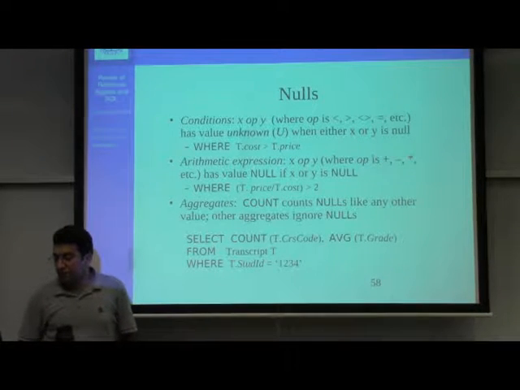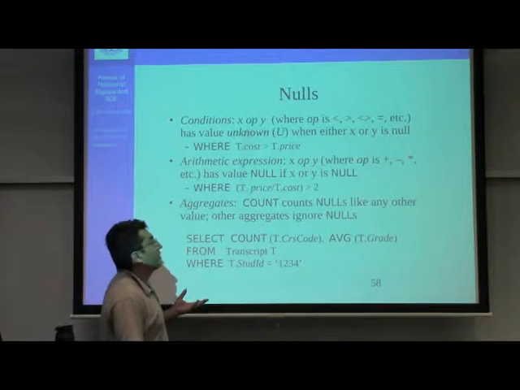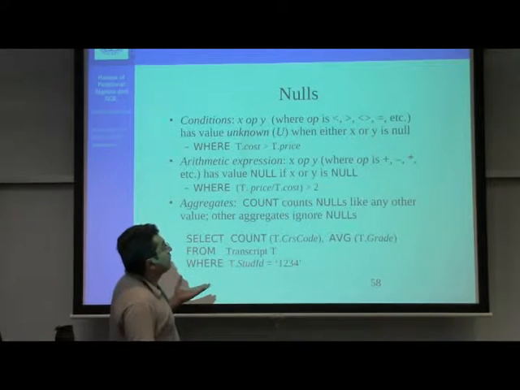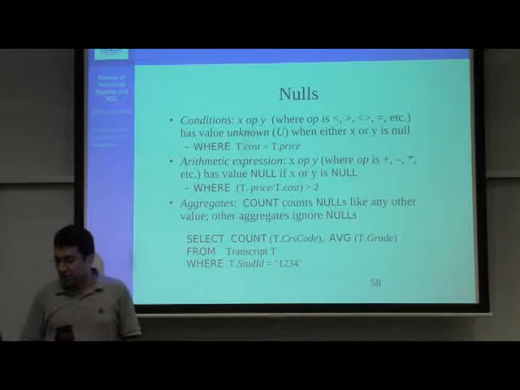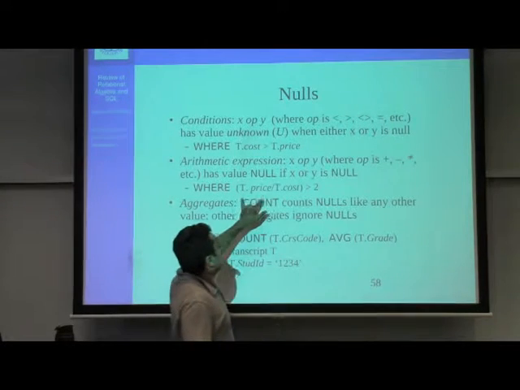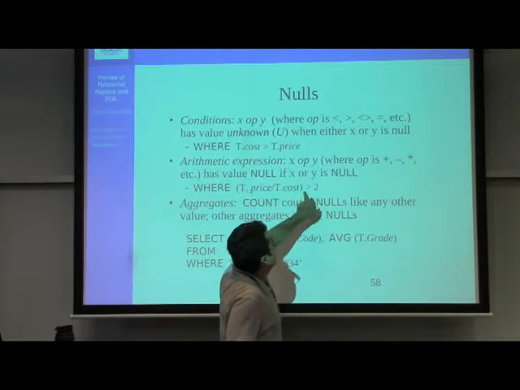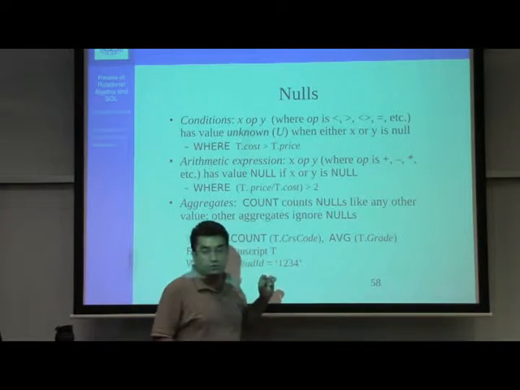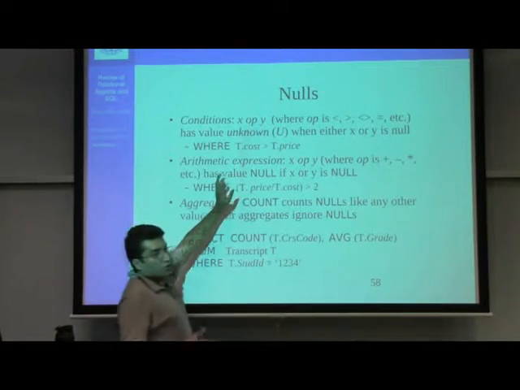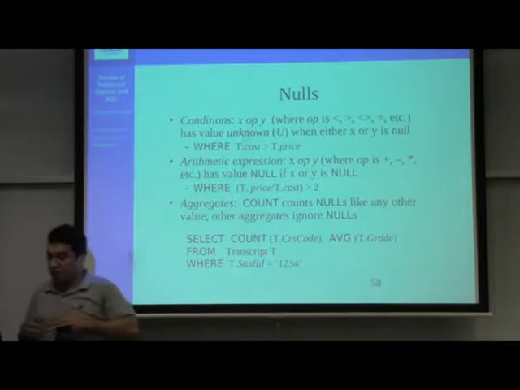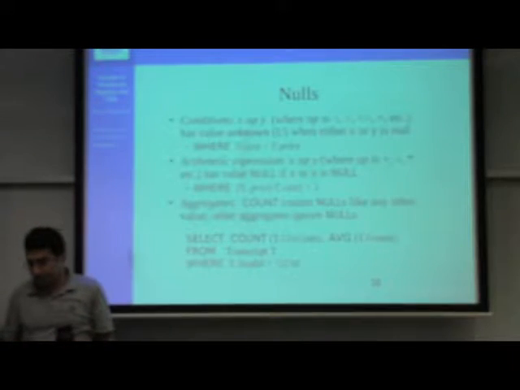Also, if one of the sides of the arithmetic operator is null, then the result will be null also. Then we get another null, and then we are comparing a null with a value. Here we are raising an unknown result from the evaluation of the condition. We don't know what the result is, either true or false.